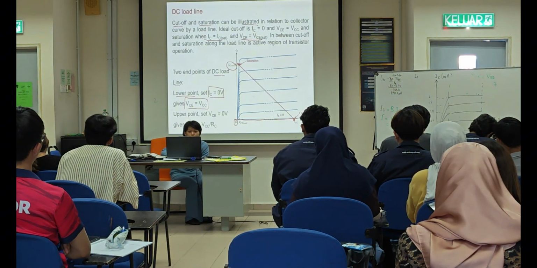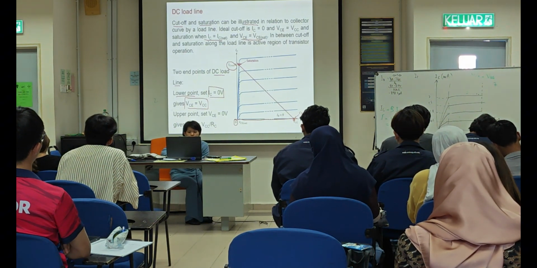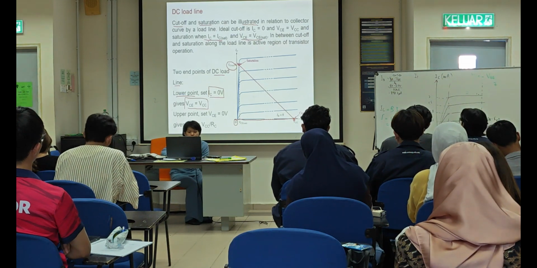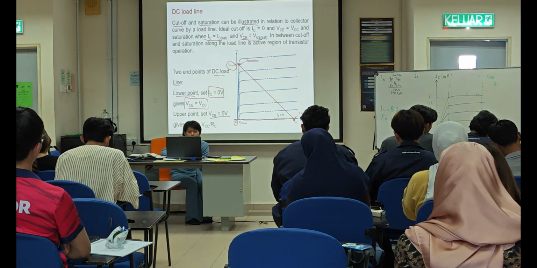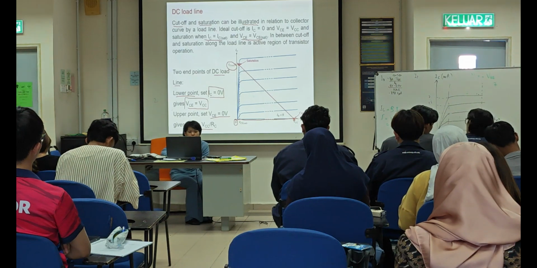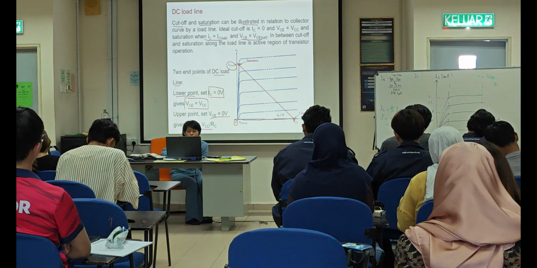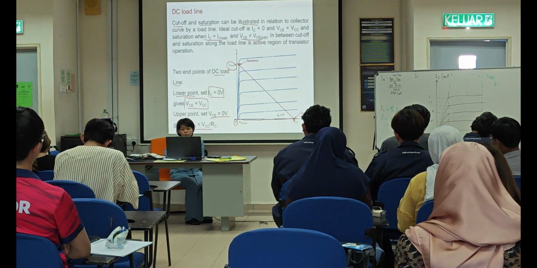The upper point happens when your VCE is 0, and the current at saturation is VCC divided by RC, so you can get this value. And this is how we do the calculation.